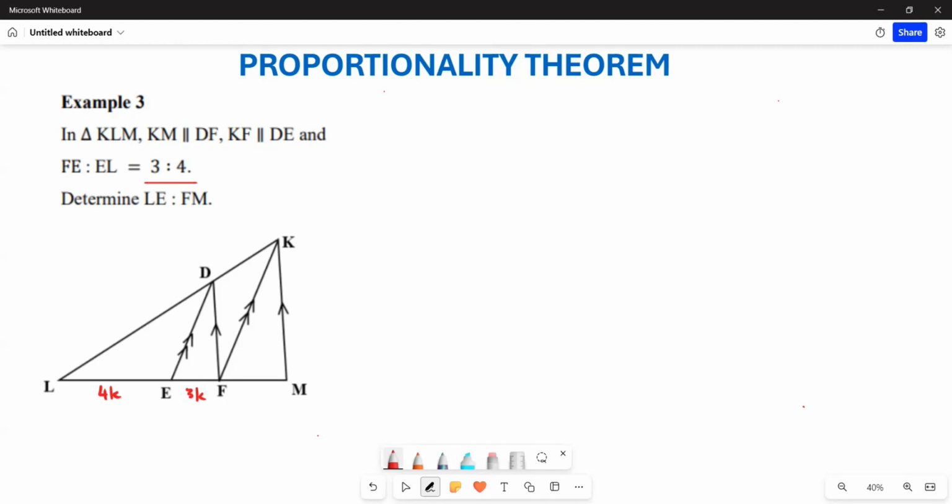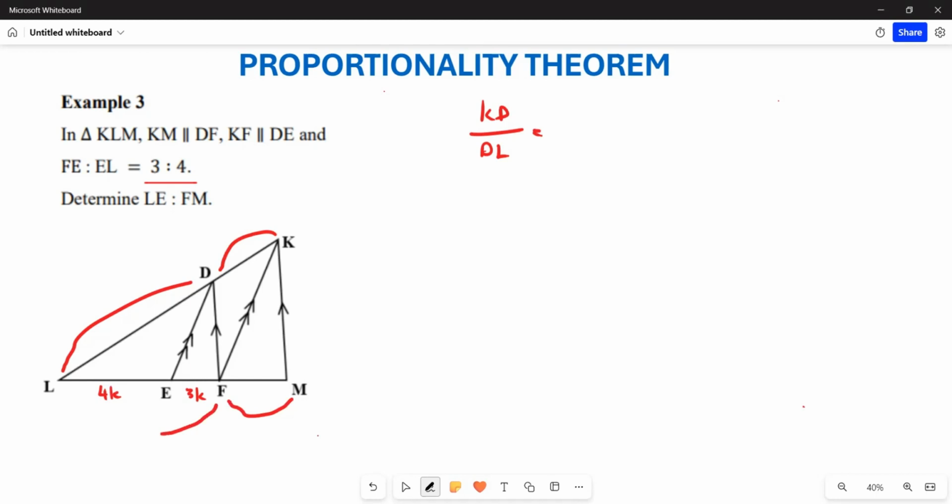How can we go about finding LE over FM? Let's start here, at K. Can you see the KD and also our DL? KD over DL is going to be in proportion with MF over FL.